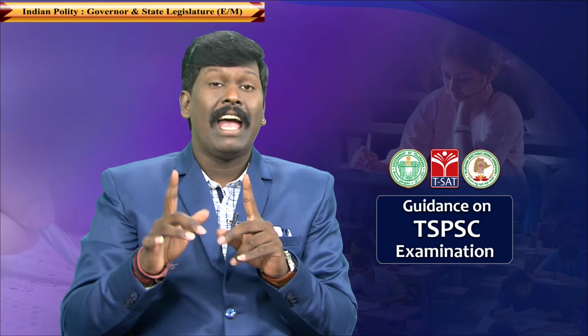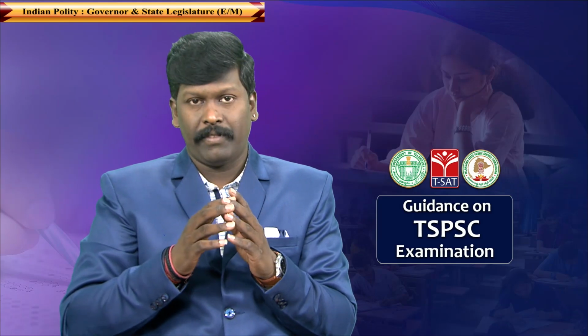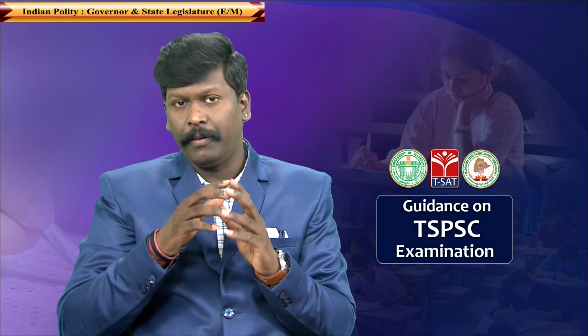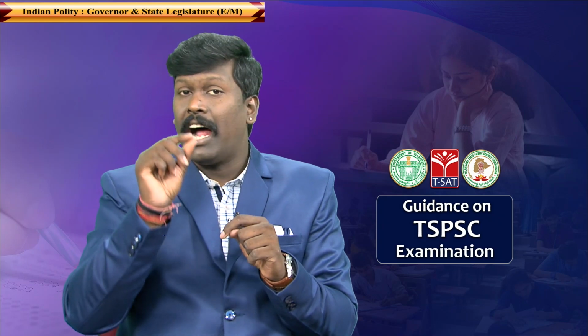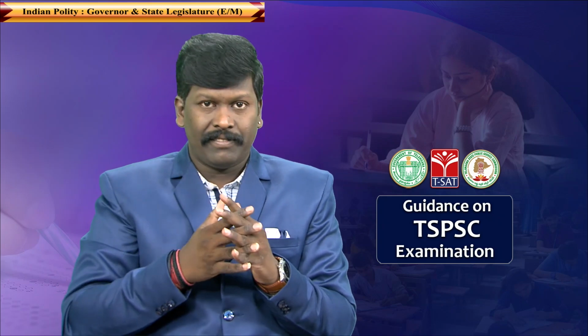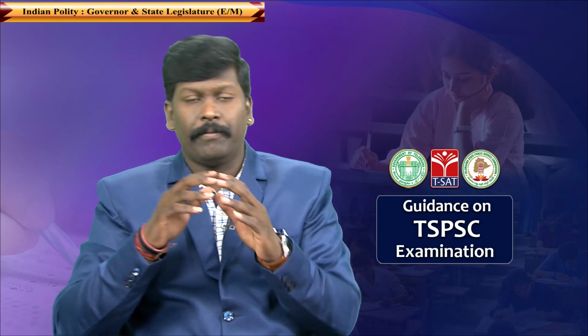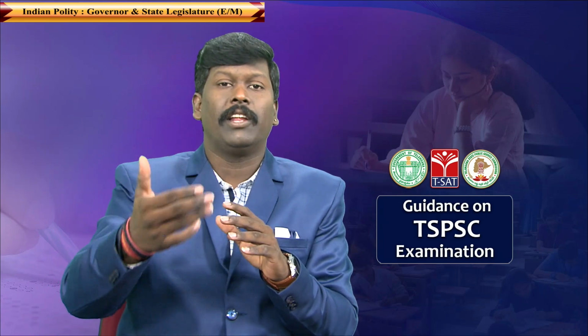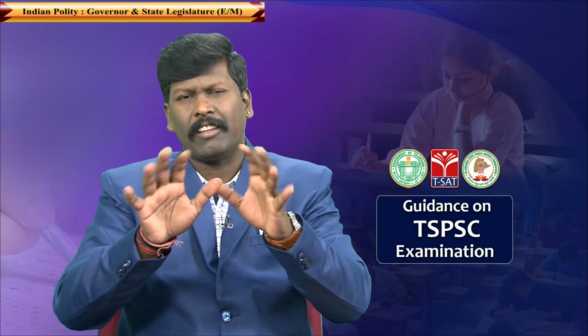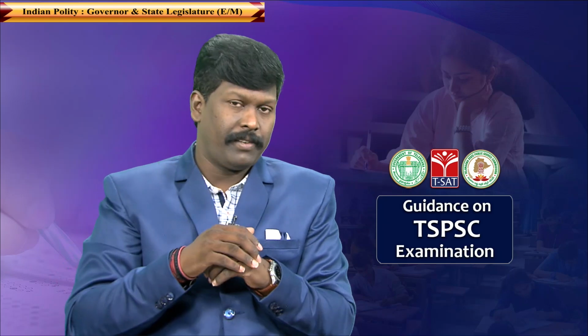But as a tradition, as a convention, the Advocate General resigns when the government falls, or continues till the government term is completed. This is as per the tradition or convention.